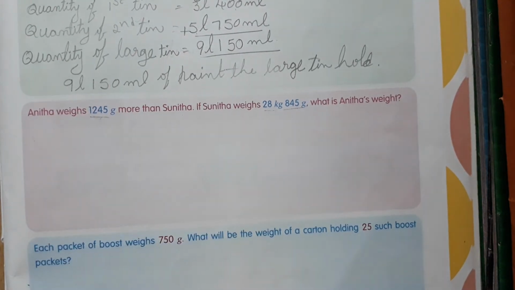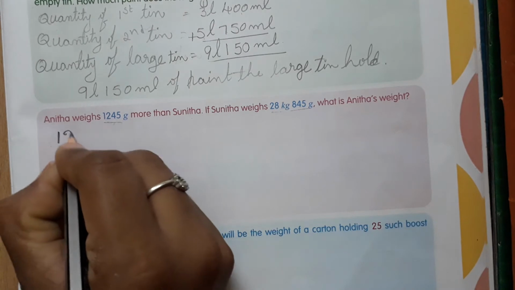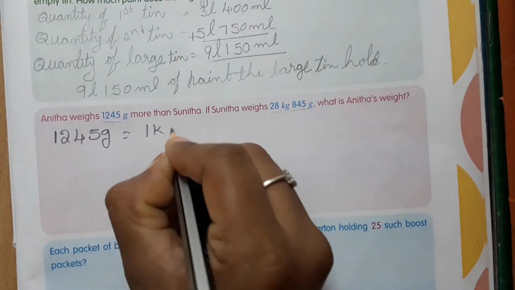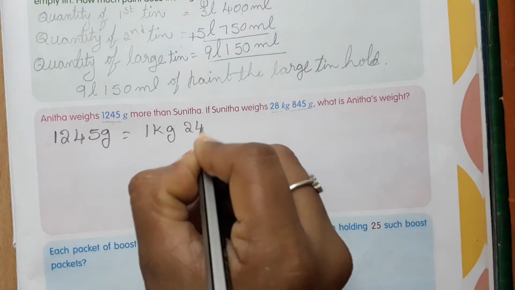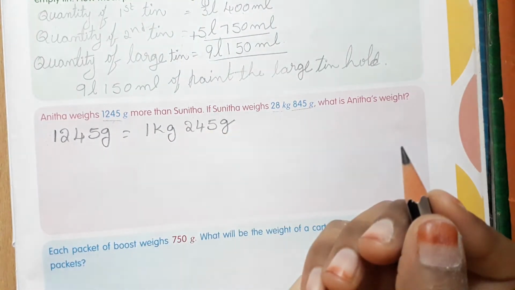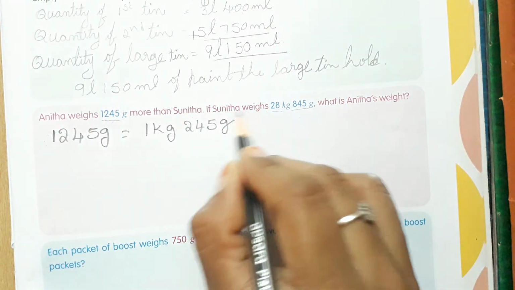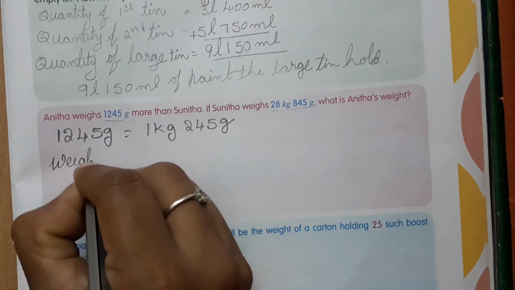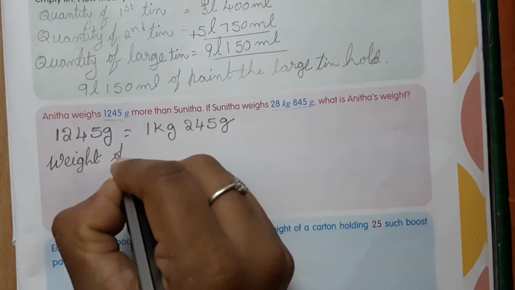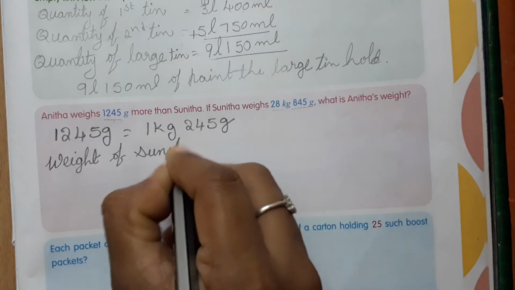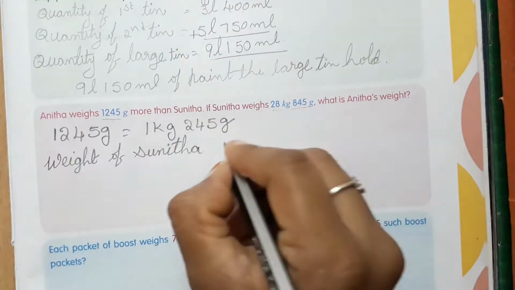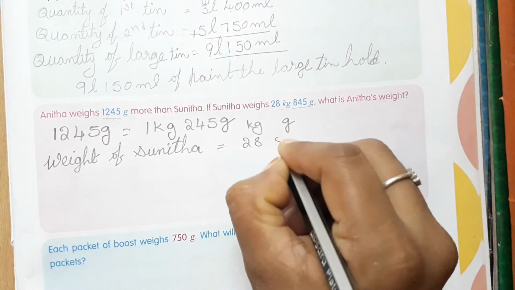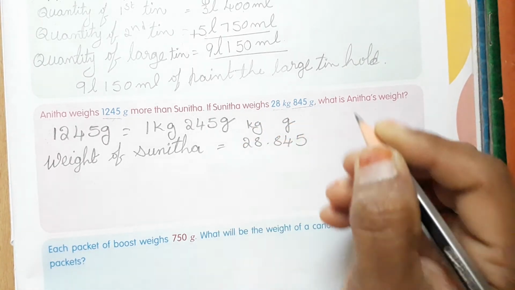Write: 1245 grams is equal to 1 kg 245 grams. Next, weight of Sunita. How much? 28 kgs 845 grams.